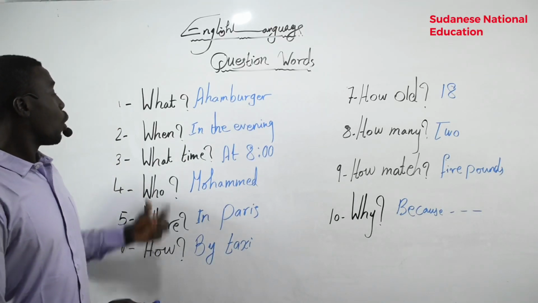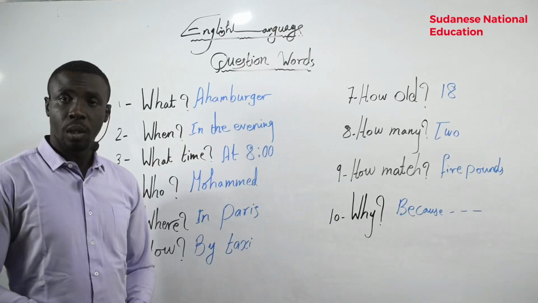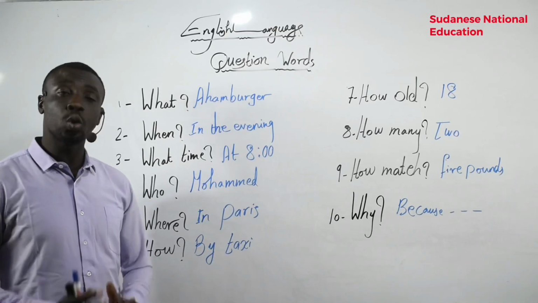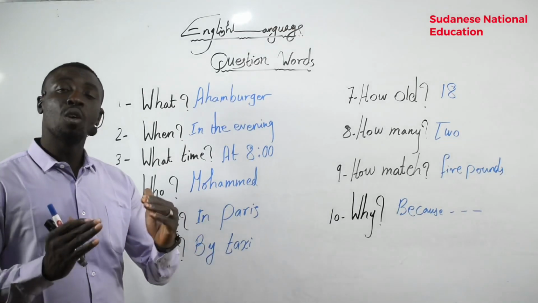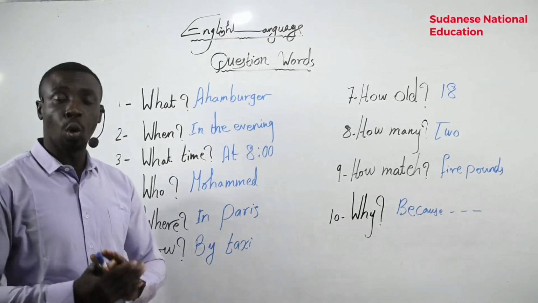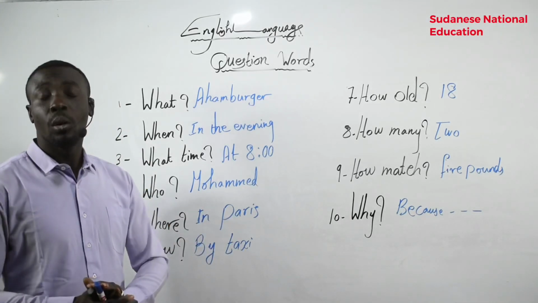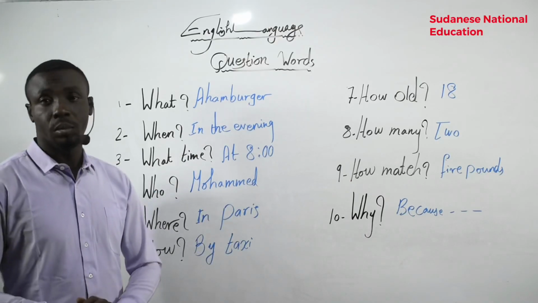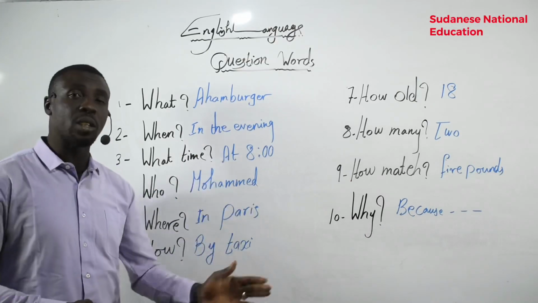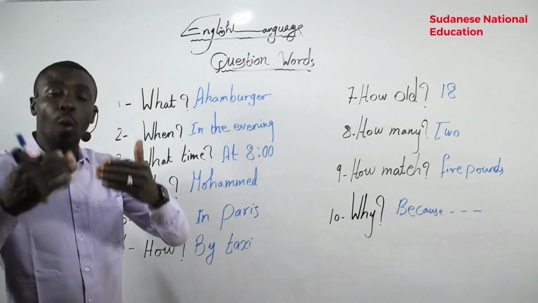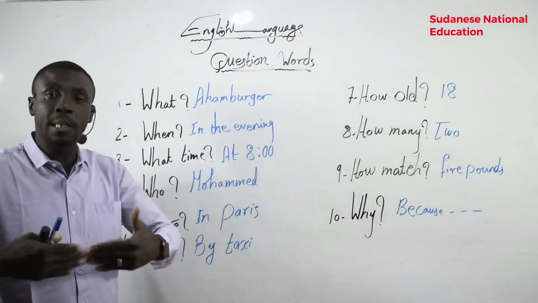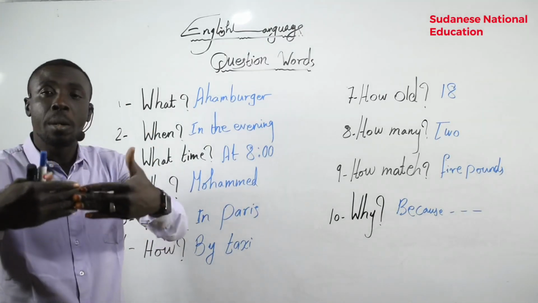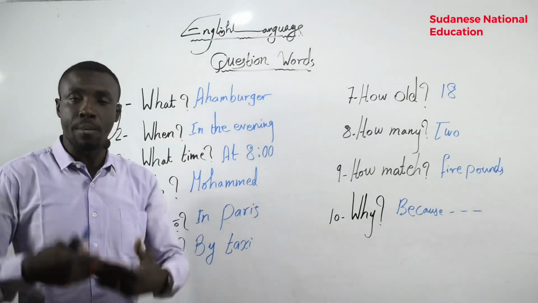Number two, we have when. We all know that when is used to ask about time or duration. For example, when do you leave home? I leave home at... So we use when with time, or to ask about a particular period of time.